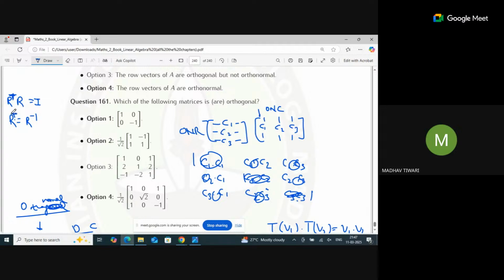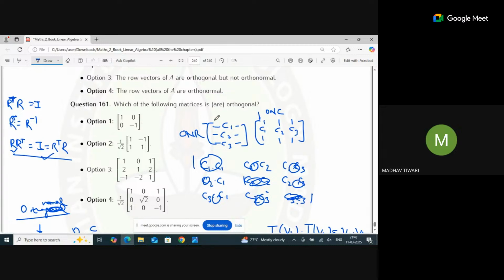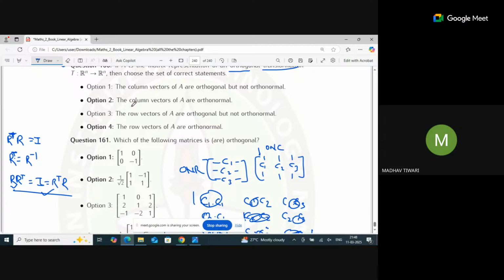So R transpose R is equal to I, and R R transpose is equal to I. If these two conditions are satisfied, then what we got is that the column vectors are orthonormal.